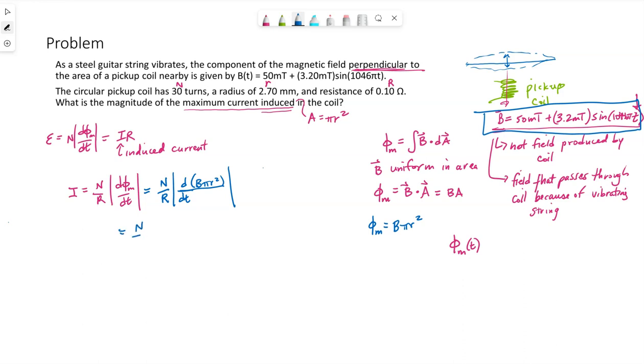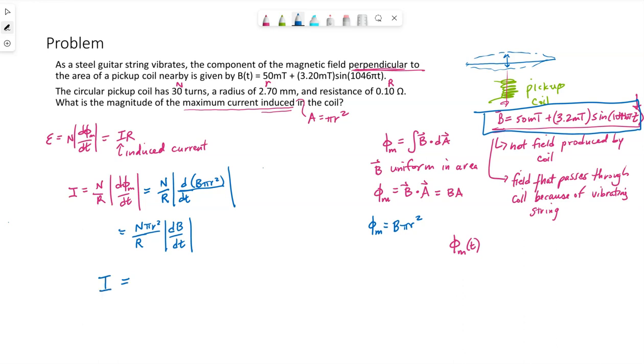In this case, though, the pi's not changing, the r's not changing. So ultimately, I need to simply take the derivative of the magnetic field in this case. It's the strength of the magnetic field that is changing, and that's ultimately why the flux is changing. And so that's the derivative we need to take.